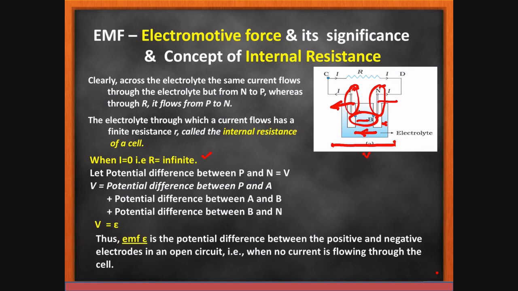Thus we can define EMF as the potential difference between the positive and negative electrodes in an open circuit when no current is flowing through the cell.